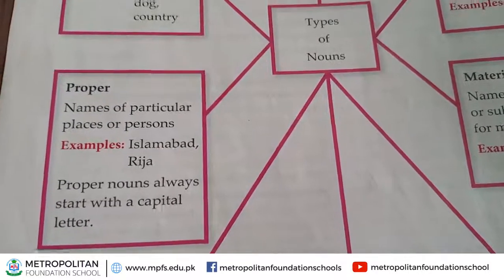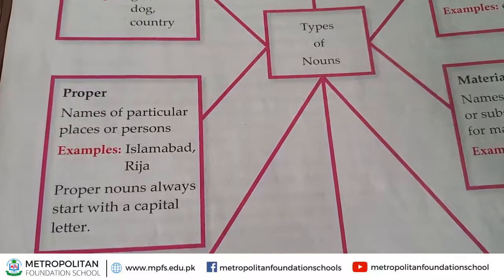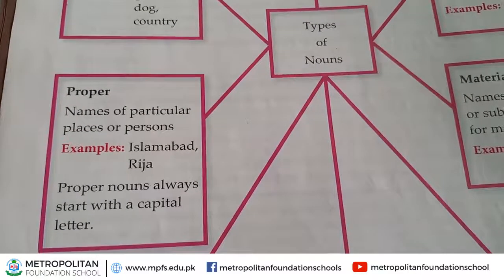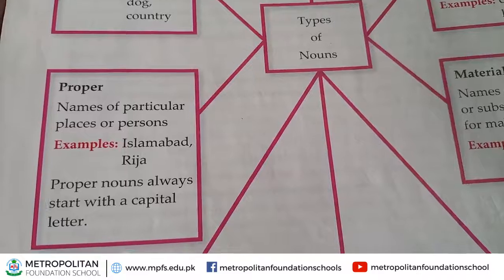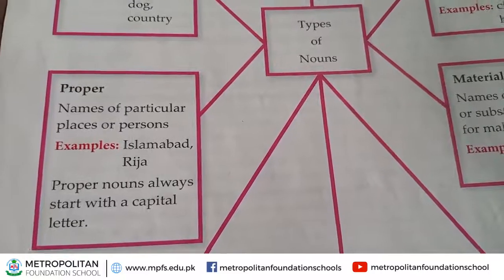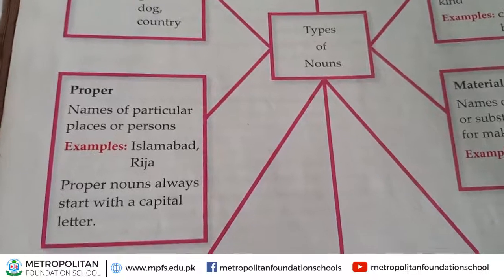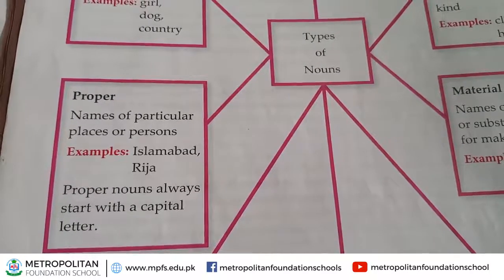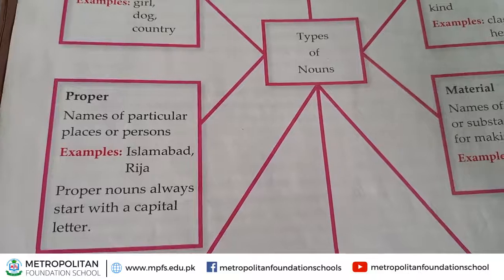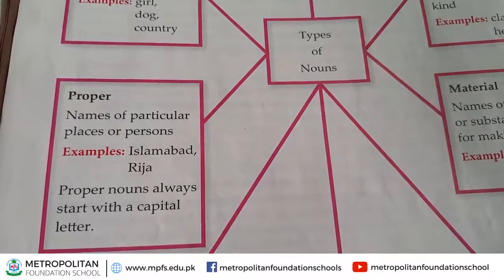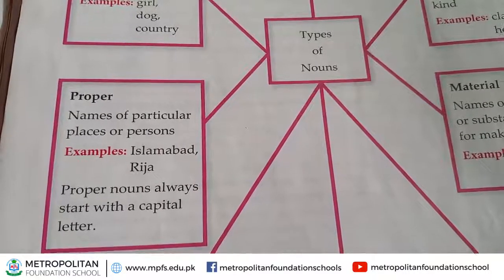As I explained before, we cannot touch or see it, and we are talking about just a quality or concept or state. That's called an abstract noun. And common nouns are those which we can see, touch and feel. Okay.